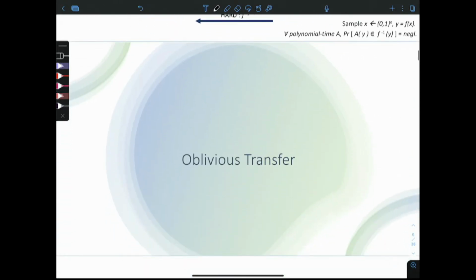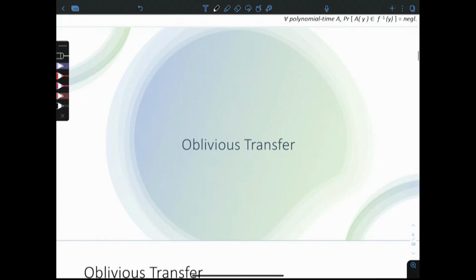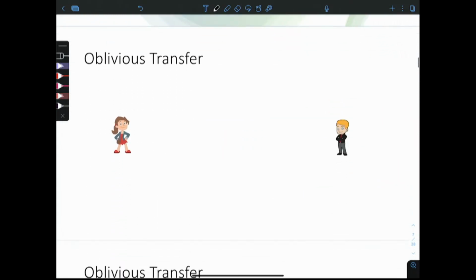But now I want to move on to another cryptographic primitive that's going to be the focus of both of these two talks, the first part and the second part. And this is what is called oblivious transfer. This is a two-party primitive where Alice has private inputs m0, m1, and Bob has private input b.